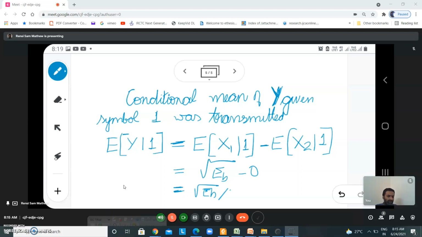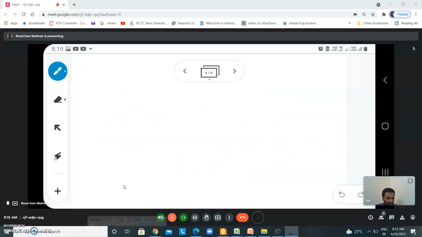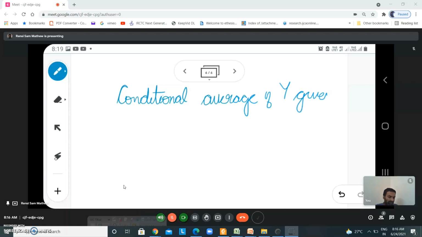And one more condition: what is the conditional average of y given symbol 0 was transmitted?